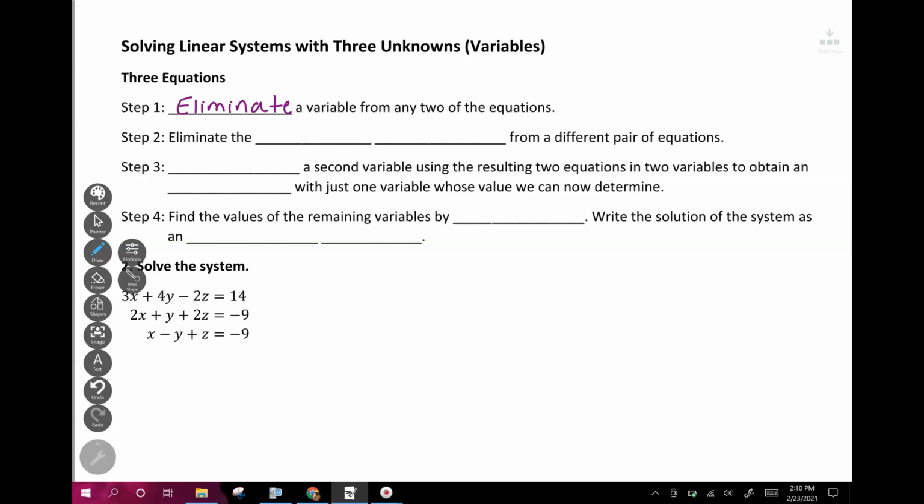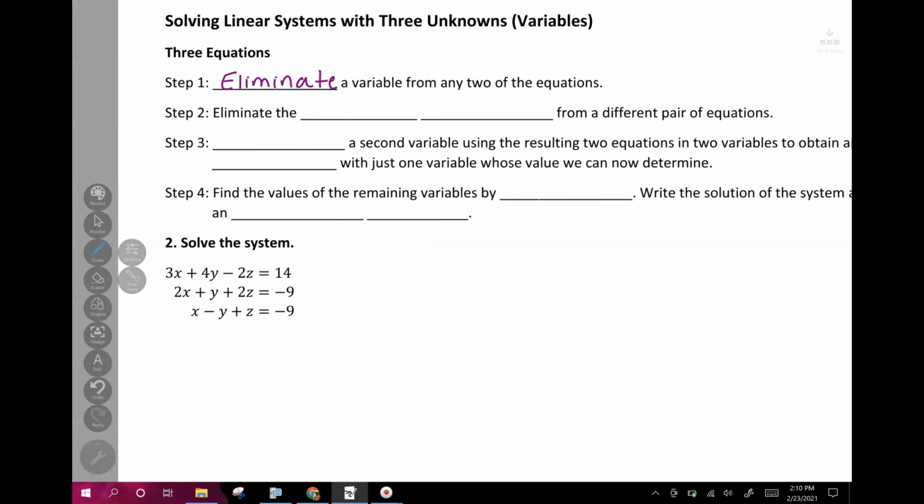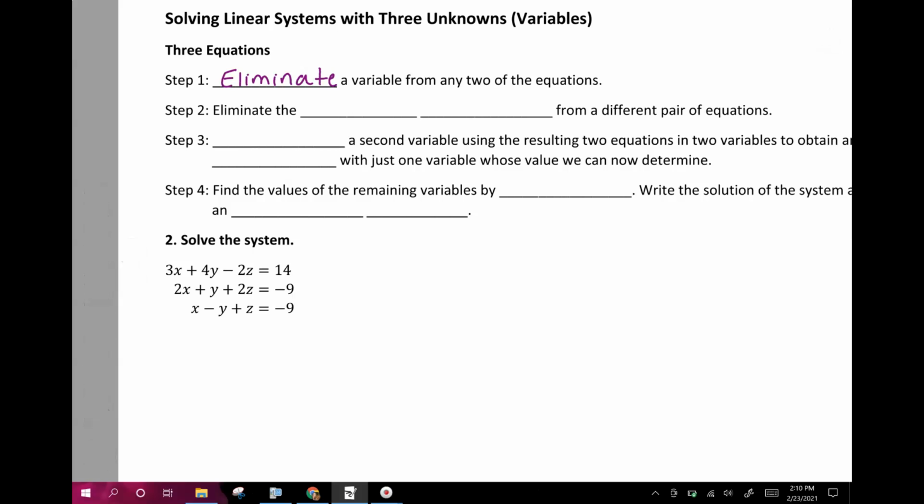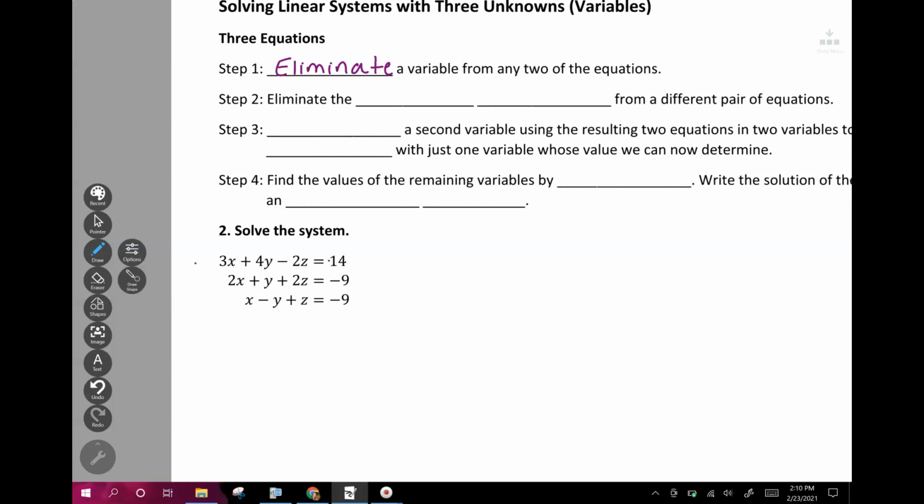To do that, you can use either substitution or elimination. So I'm going to choose two equations to start with. I'm going to label these as equation 1, 2, and 3, so as I do things, you'll know which equation I'm using.